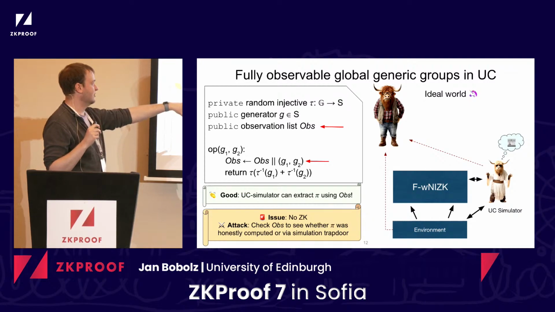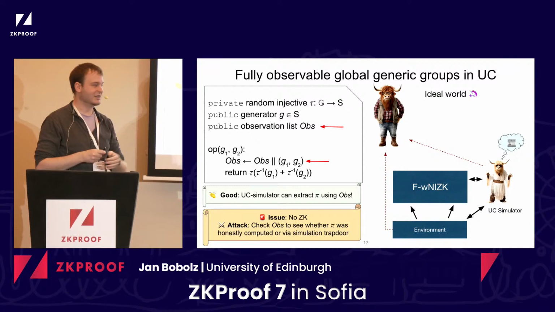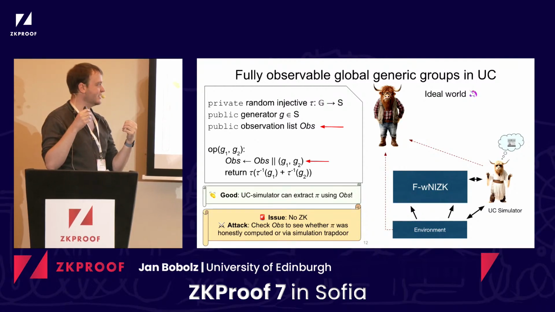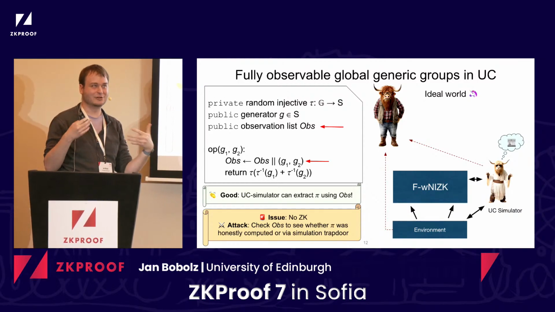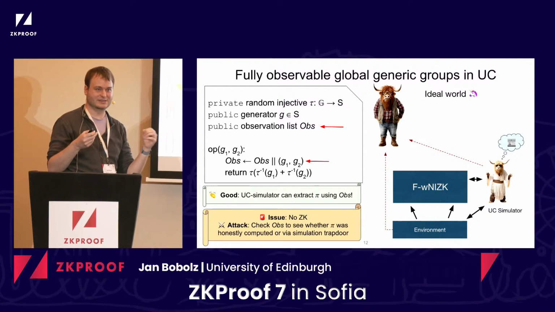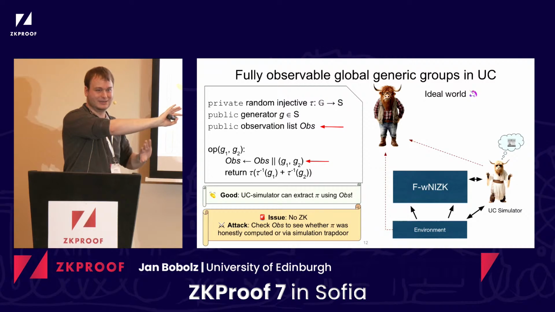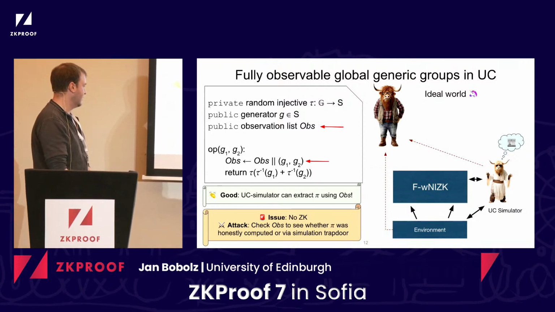because what the environment can also do is just look at this observation list. The environment could ask, hey, please give me a proof, and then check in the observation list how this proof has been computed. Does it look like it has been computed using a witness, or using the trapdoor? These things will look widely different in the trace.